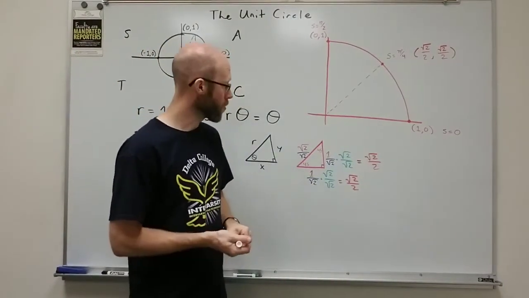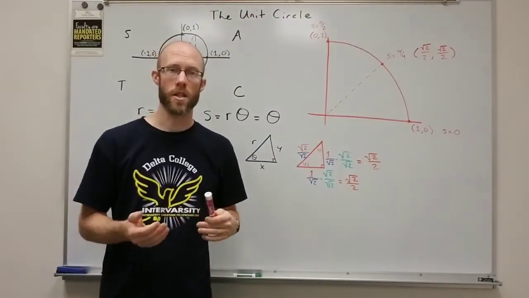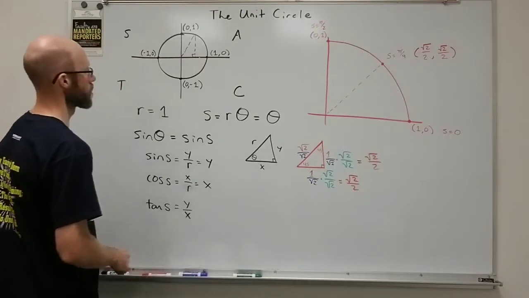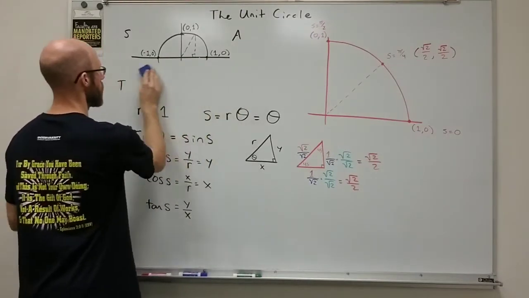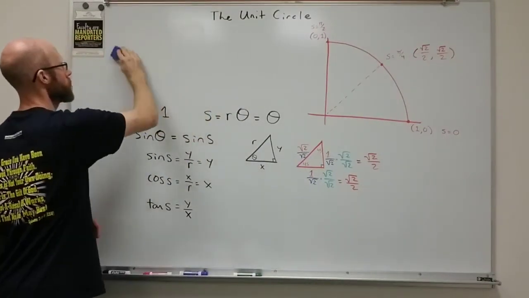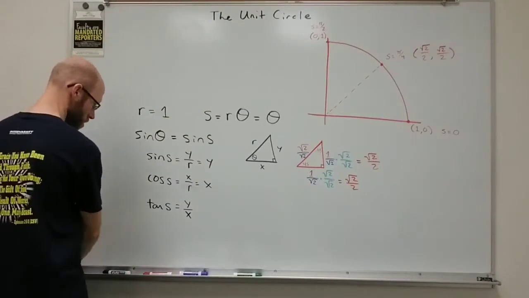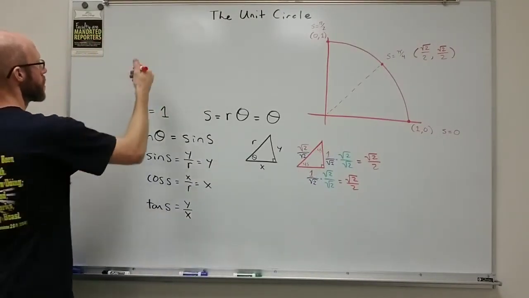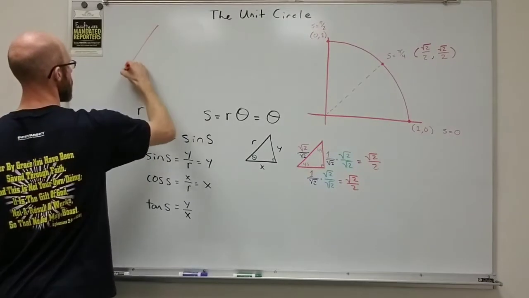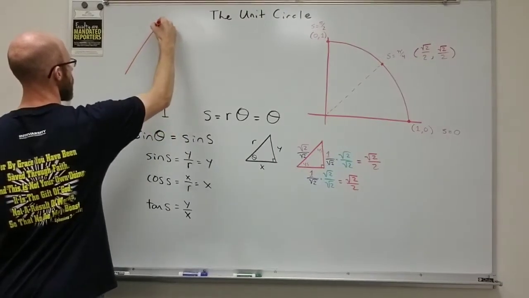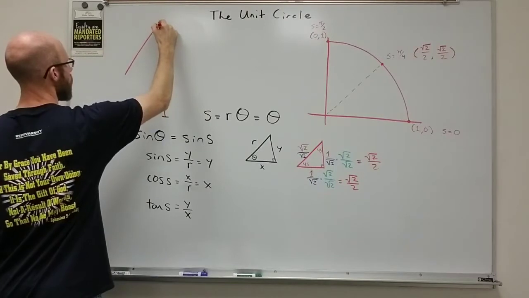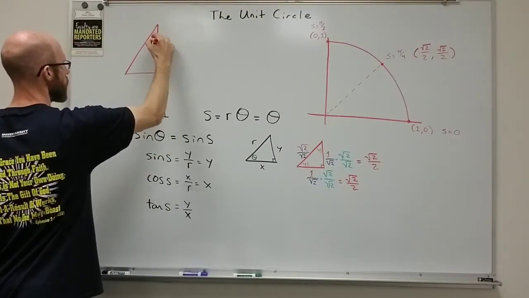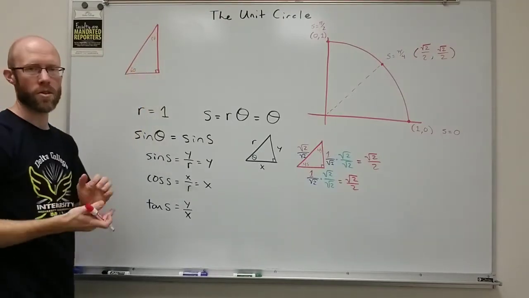The next one we have to look at is the 30, 60, 90 triangle. I'm going to erase a little bit here, give myself a little more space. Okay, so let's look at the 30, 60, and 90 triangle.